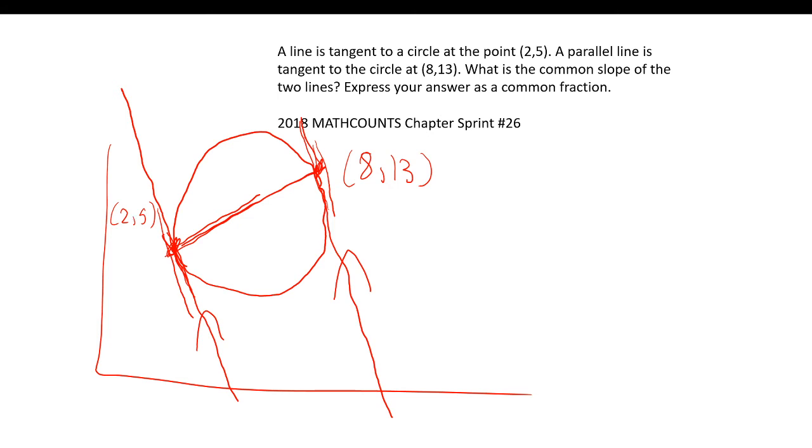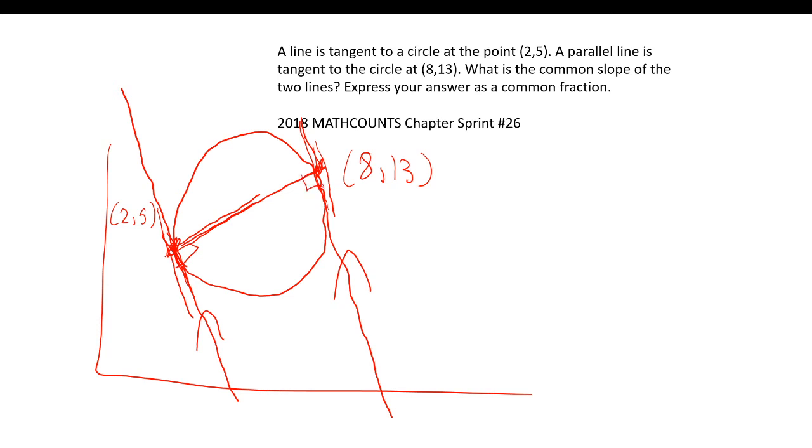We're asked for the common slope of the 2 lines, and since these lines are parallel, we know their slope is the same. Now check this out. We know from the last video that a property of tangents is that if we draw a segment to a point of tangency, like this one, we have a right angle. So we have a right angle over here, and we have a right angle over here.